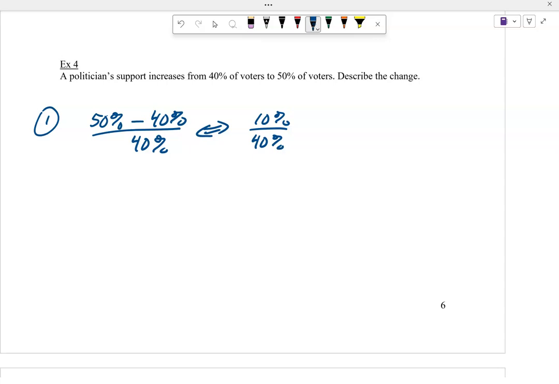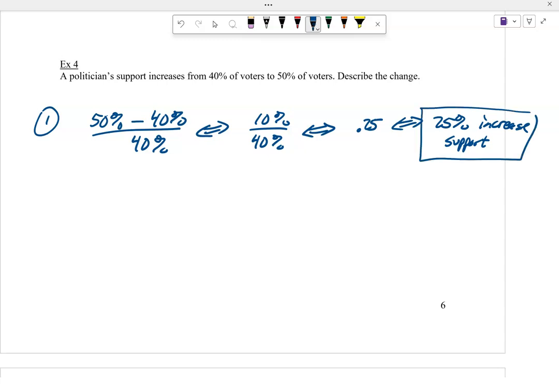Of course, your percents are canceling on that, you guys. 1/4 or 0.25, or a 25% increase in support as compared to the original amount that supported you.